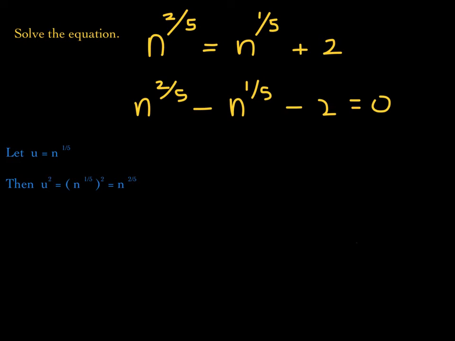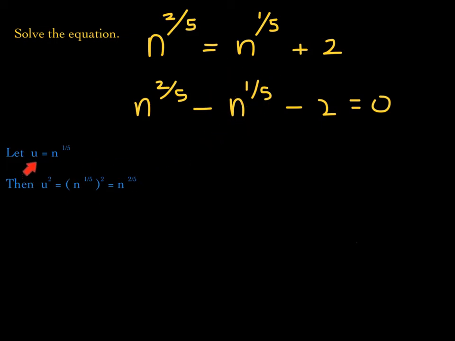So here's our substitution, guys. And please notice that it's the same pattern. I'm letting u represent n to the 1/5. N to the 1/5 is the middle variable part. It's not the entire middle part because I'm not taking the coefficient, -1, right? I ignore the coefficient. I just let u be the variable part of the middle term.